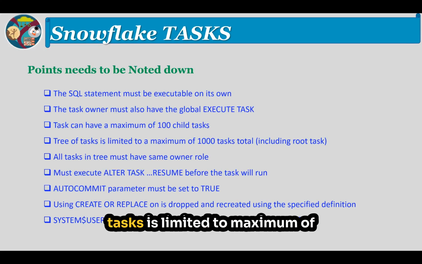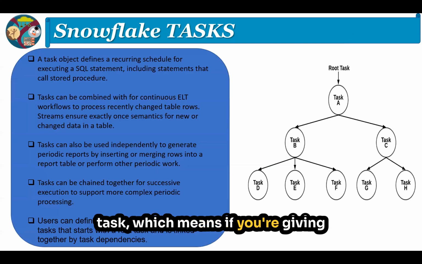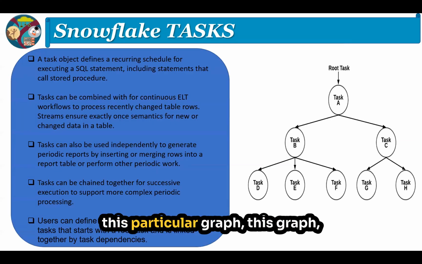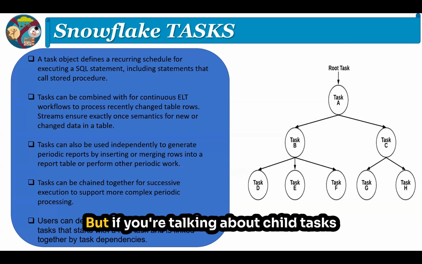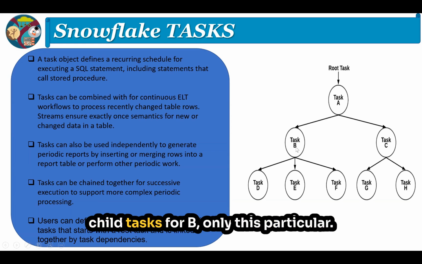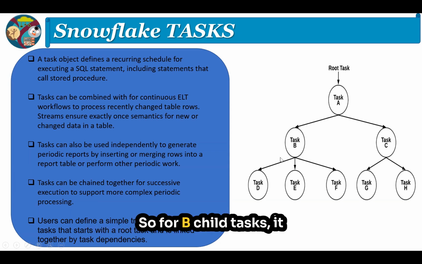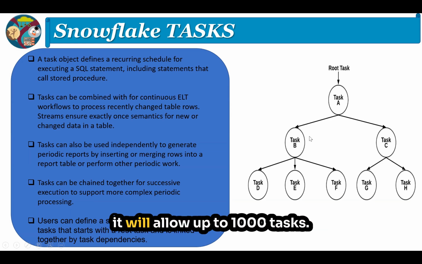And the tree of tasks is limited to a maximum of 1000 tasks total, including root tasks, which means this graph will allow up to 1000 tasks. But if you're talking about child tasks, for example for B, only that particular layer, B's child tasks will allow up to 100. But the entire tree, that entire DAG, will allow up to 1000 tasks.